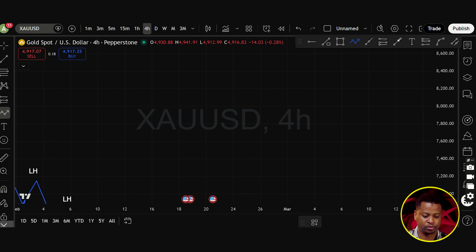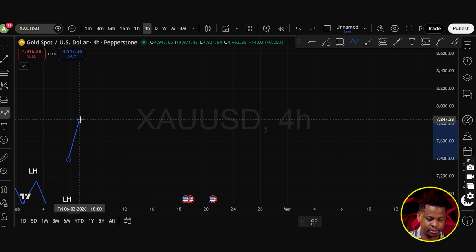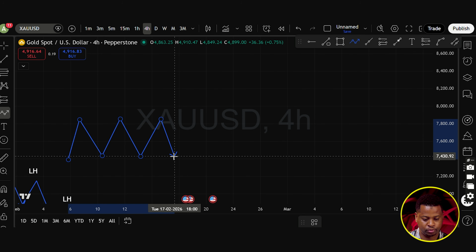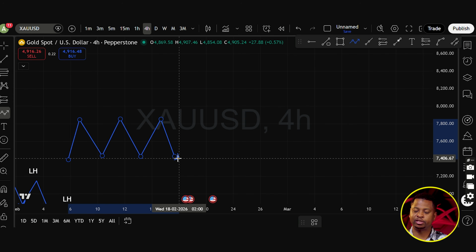So the market is just ranging from A to B, A to B, A to B. So the market has not yet decided whether it's going to be in an uptrend or a downtrend. What happens to tell us where the market is going to be heading is what we call the indication.